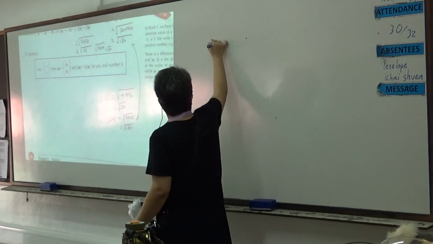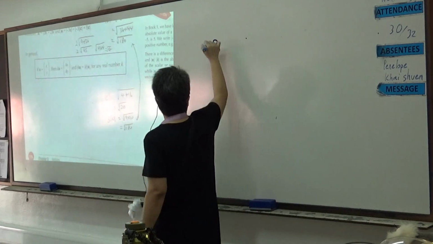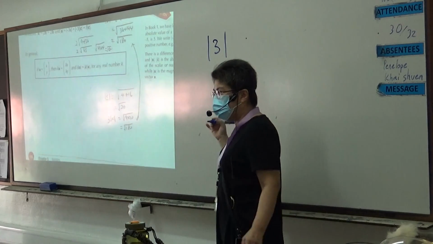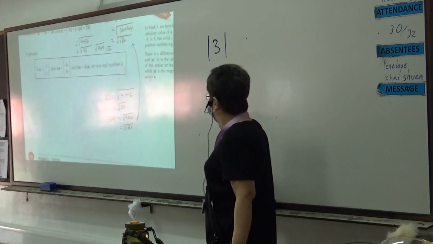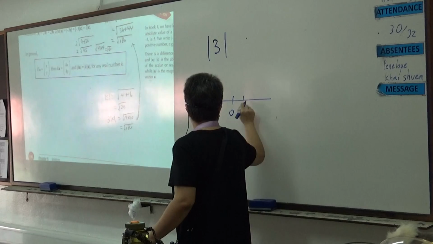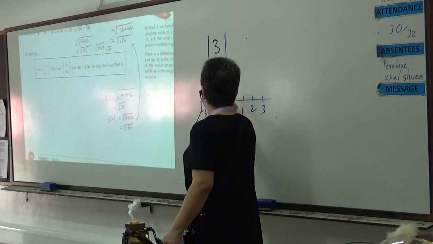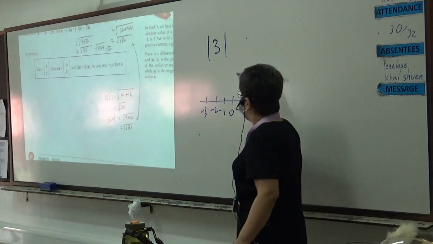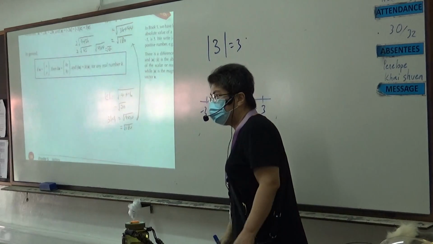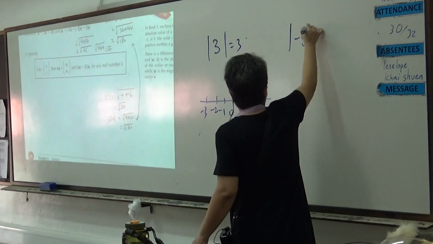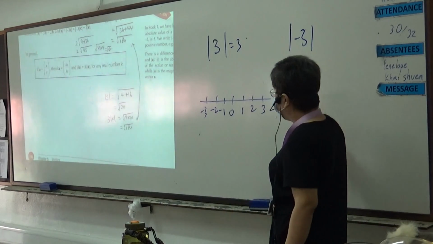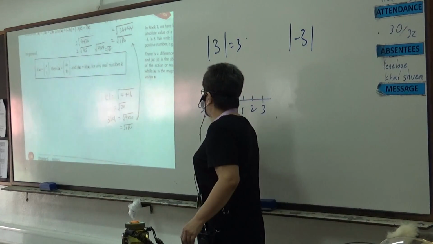Okay. Now, when I have the magnitude of 3, right? I write like this. What does it mean? That means this is the magnitude. This is the number line, right? What is the distance from 0? This is 3, right? Now, then I will have the magnitude of negative 3. It's actually, what is the distance from 0?